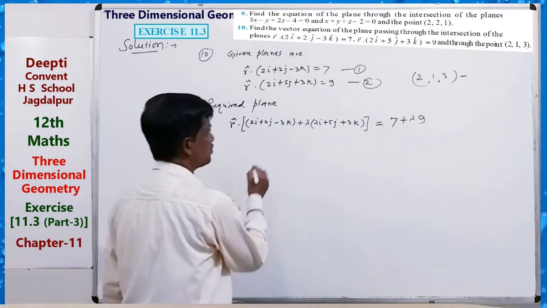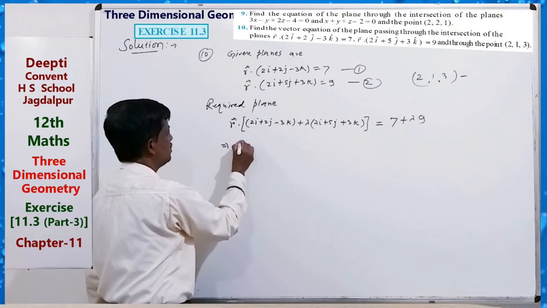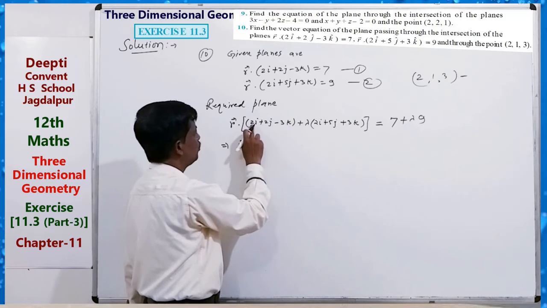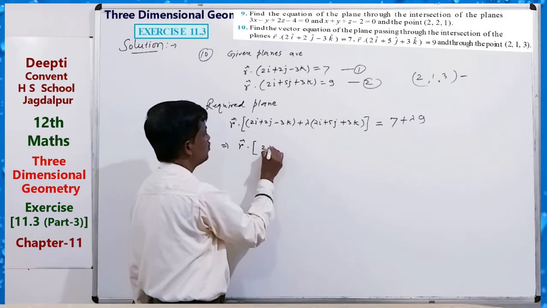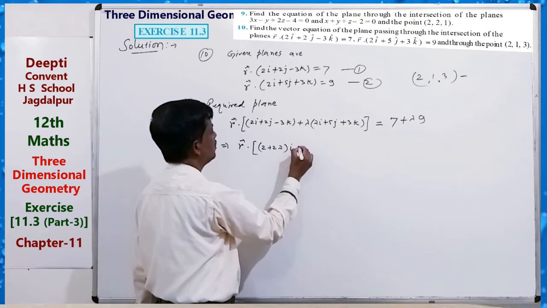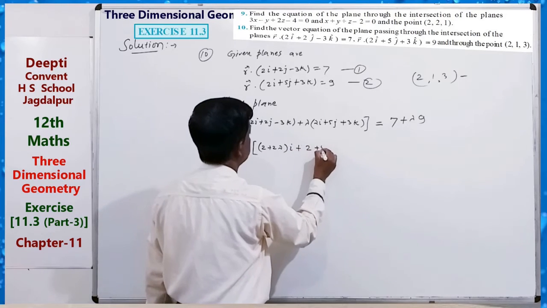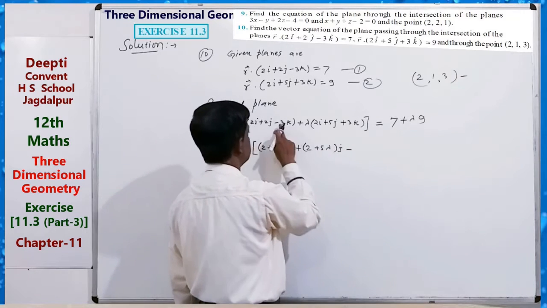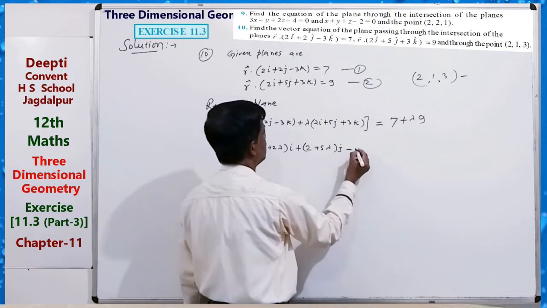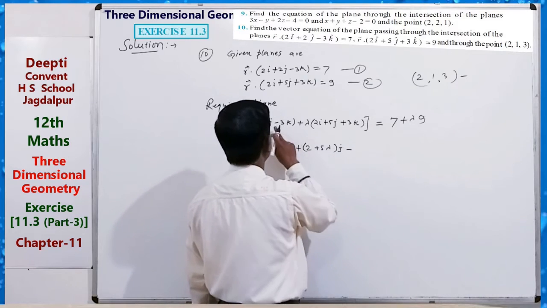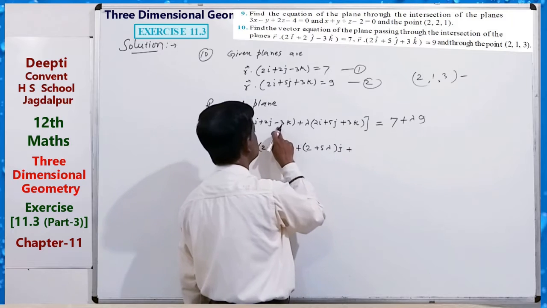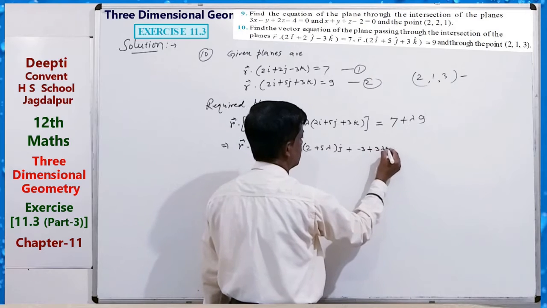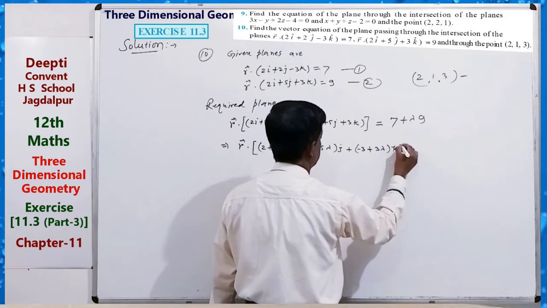This plane will pass through the point (2, 1, 3). After simplifying, we can write (2 + 2 lambda) into i plus (2 + 5 lambda) into j plus (-3 + 3 lambda) into k.